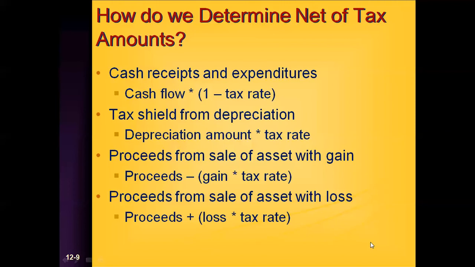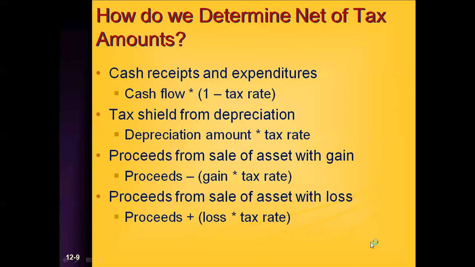Same thing with depreciation, same thing with the proceeds from the sale of assets, and the same thing with the proceeds from the sale of an asset that involves a loss. So we're dealing with the tax rate that the business might be paying.